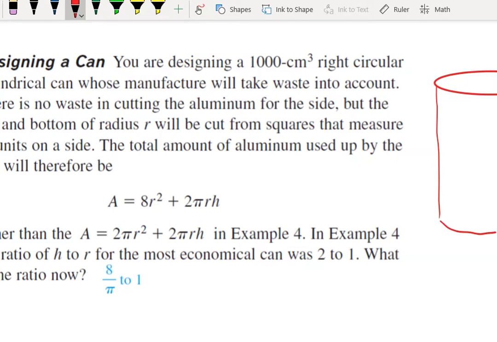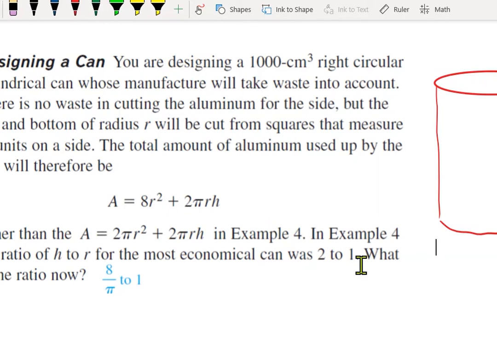Let's say this is a can, right? Okay, and then we are supposed to put 1000 cc, cc meaning cubic centimeters. Now, the total amount of aluminum, which is surface area, right? The can is a thin shell, so the amount of aluminum is this.